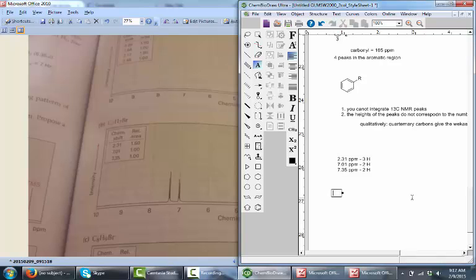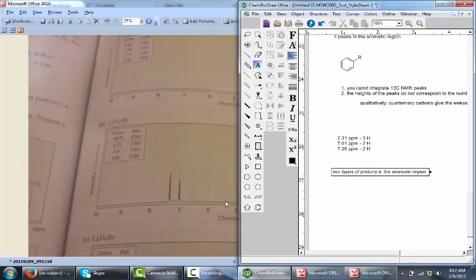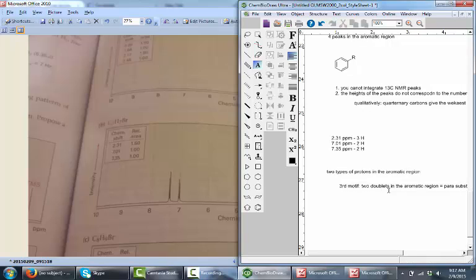Now, the second thing I want to notice is I have 2 types of protons in the aromatic region, in the 7 ppm area, and those 2 types of protons are each split into a doublet. So this is a third motif that I hope people will start to recognize: 2 doublets in the aromatic region equals para-substituted.